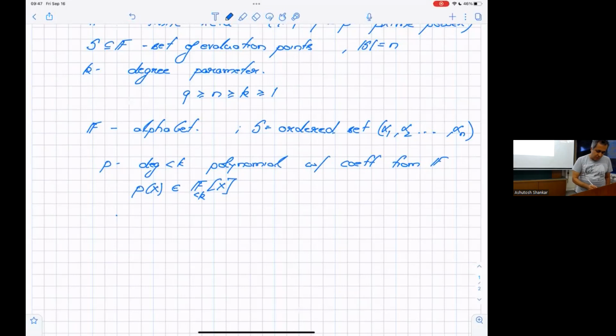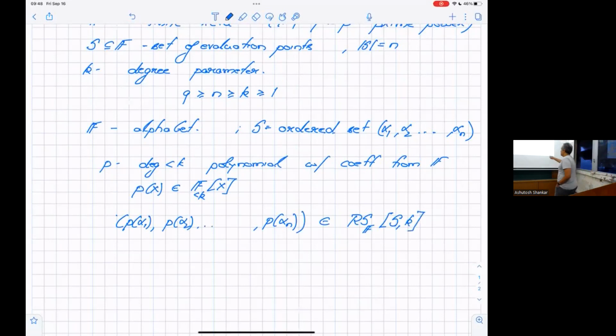What is the code word? This is the code word: just evaluate this polynomial at the points. This belongs to the Reed-Solomon code.